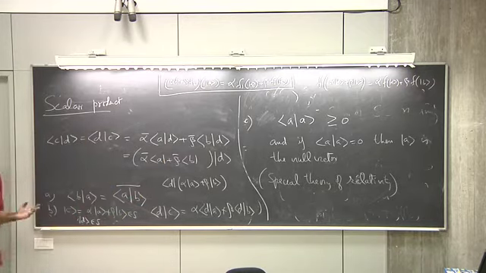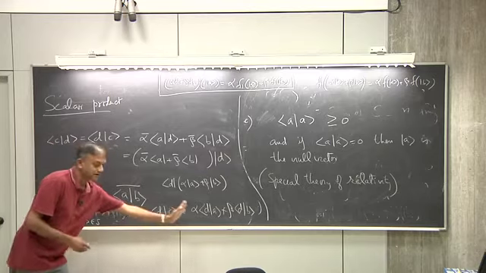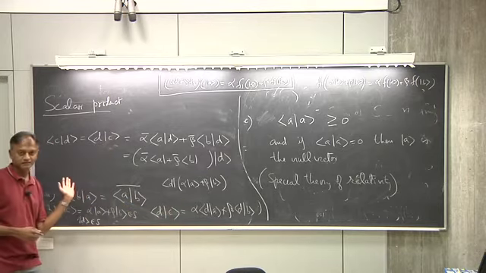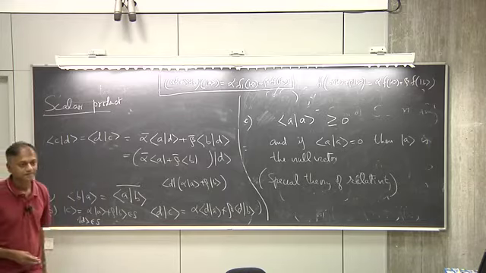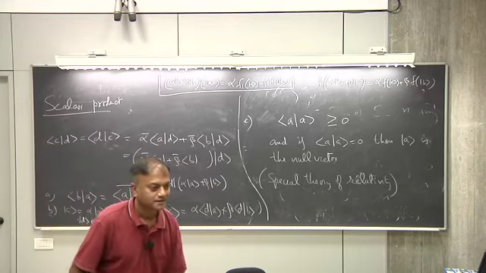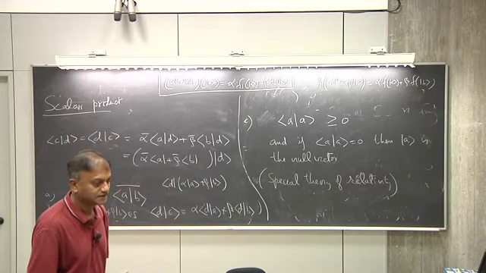So it's anti-linear in this argument. It is linear in the second argument, but anti-linear in the first argument. Bar means complex conjugate.